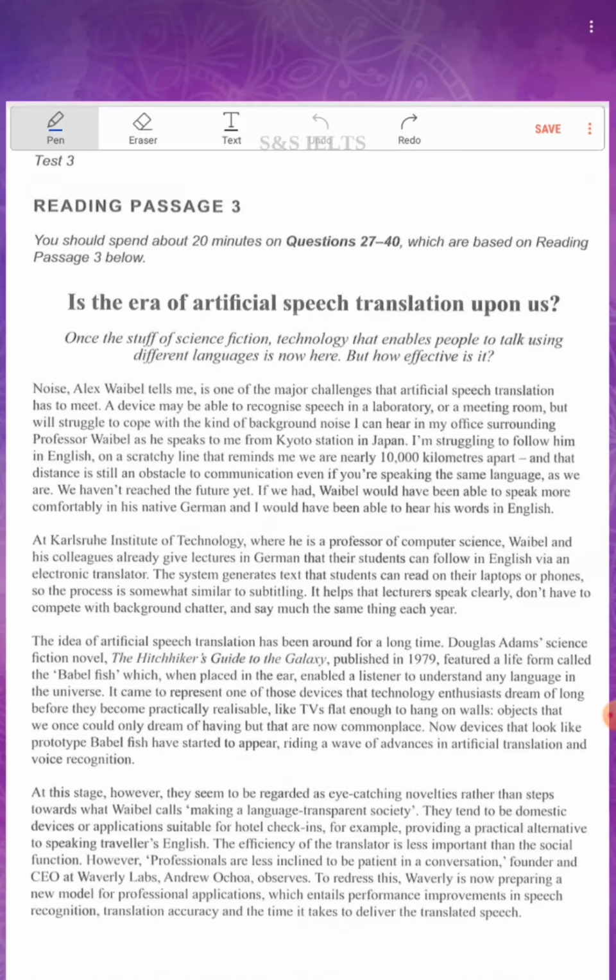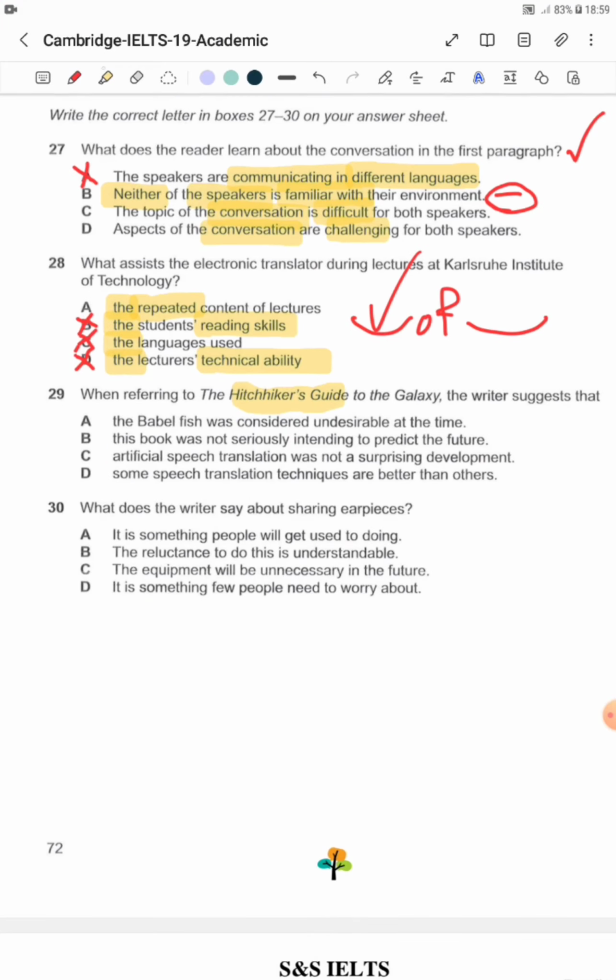Okay, so let's check the keywords. First, we want to check the keywords. If you check the keywords, I can find no similarity. All the choices are different. All of them are mentioning different content. In this case, you have to find verbs, because we have different sentences, different statements, so we can find different verbs.